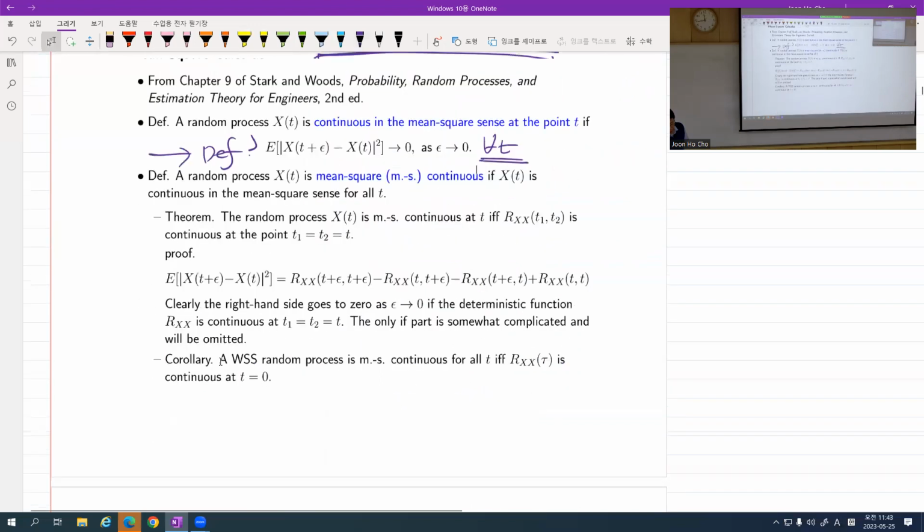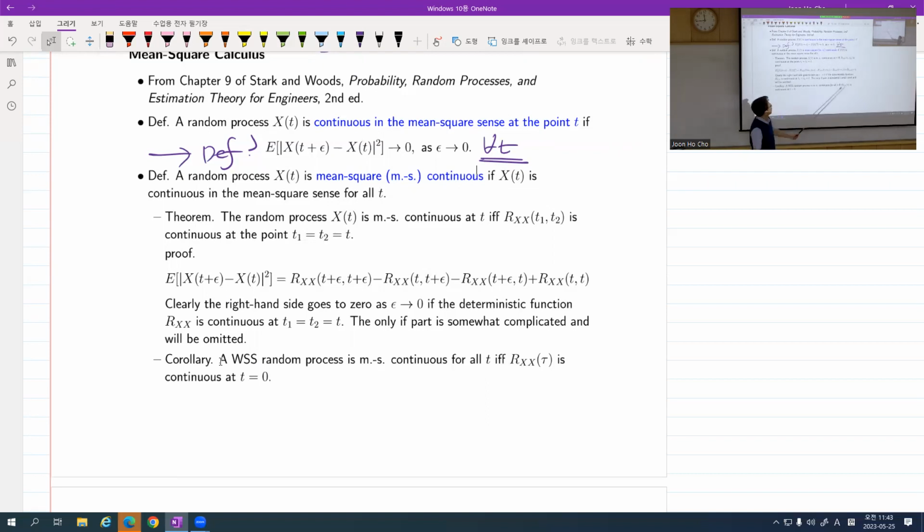And here goes a theorem that is interesting. Given a random process x of t, it is mean square continuous at, for example, every t if and only if, which means that it's equivalent, the autocorrelation function is continuous at the point t1 equals t2 equals t. Here we assume that the process is regular, or second order, which means that the power is finite.